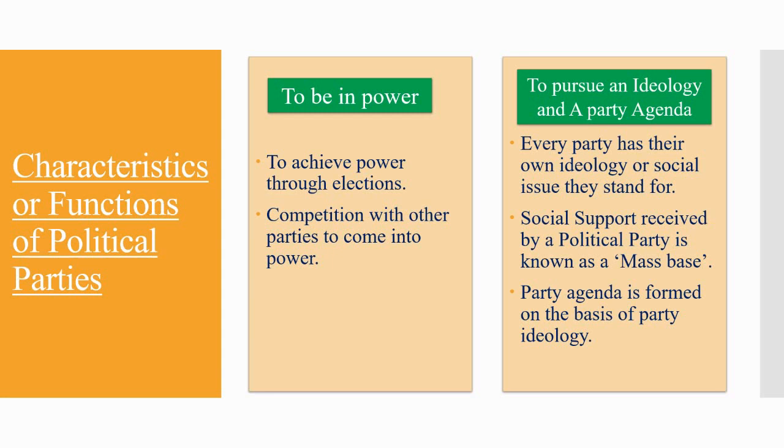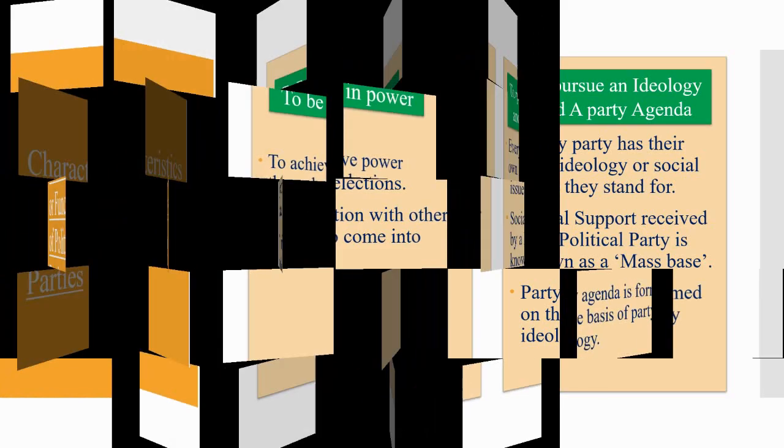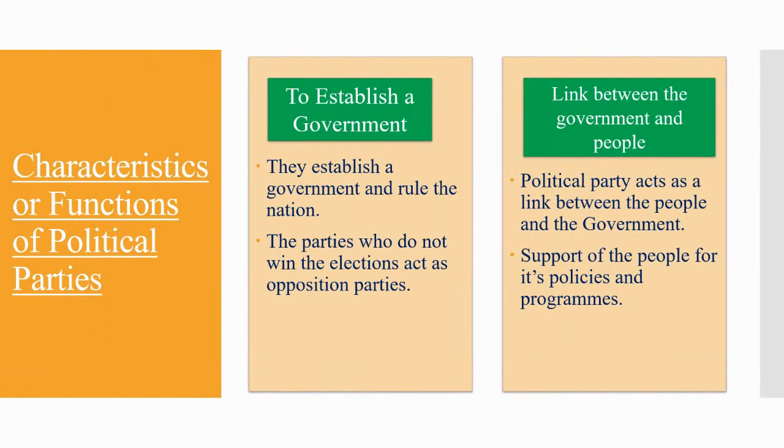Every political party has their own party agenda based on their party's ideology. This agenda is put into action once they receive political power, or even if they don't receive political power, they try to get the support of the public or the people for this agenda. The fourth characteristic is to establish a government.